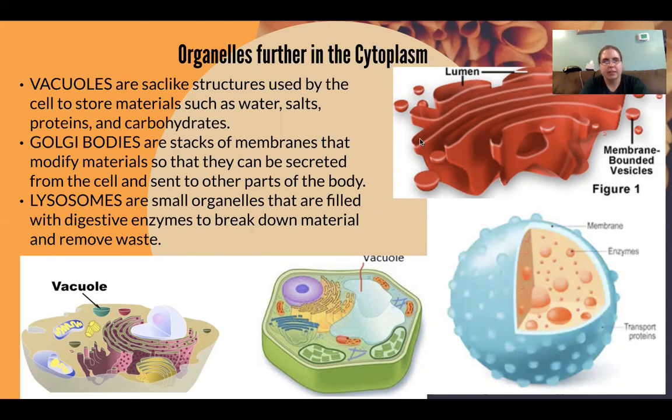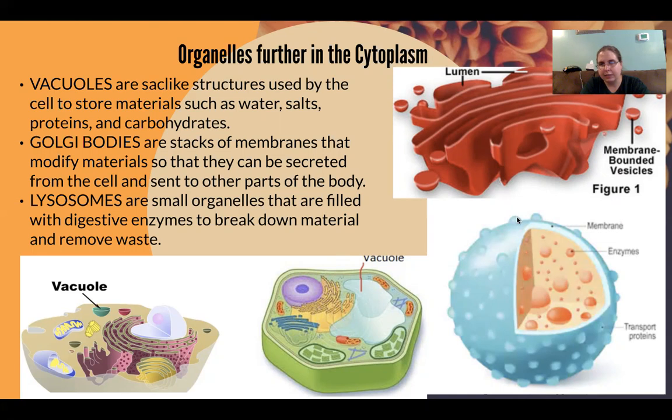So it'll be modified, packaged, and then sent to the very ends of these stacks where it'll break off into little vesicles. Now these vesicles will then carry it like a taxi all the way to the cell membrane where it'll fuse with the membrane and then push the protein out of the cell so it can travel throughout the body.